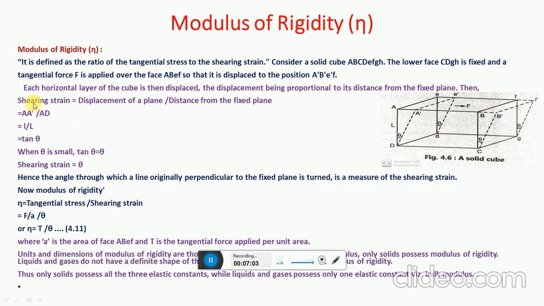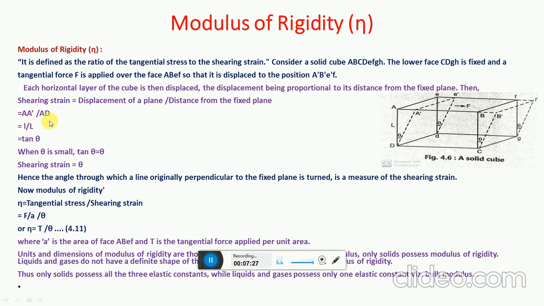From this diagram, each horizontal layer of the cube is displaced, the displacement being proportional to the distance from the fixed plane, and then shearing strain is equal to the displacement of the plane divided by the distance from the fixed plane.